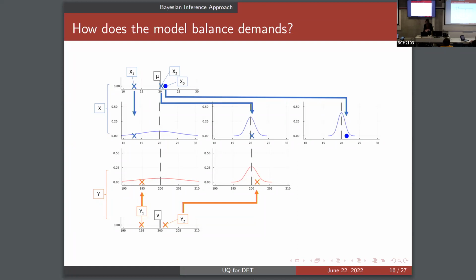If we start at the top part of the figure, we can see the different types of data available for X. The DFT predictions are x_1 and x_2 here, with reference value x_0 shown by a dot. The model has some idea of the variance of the reference value with respect to mu, and can see how the position of the data points relate to each other. And it uses this information to infer the parameters for the distributions on each of these data points.